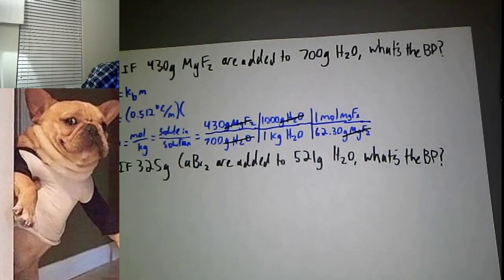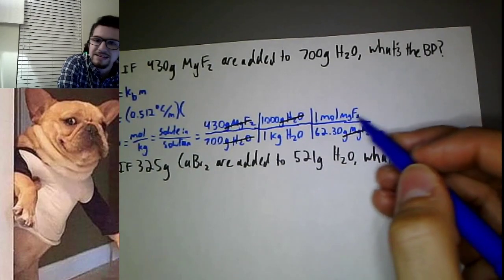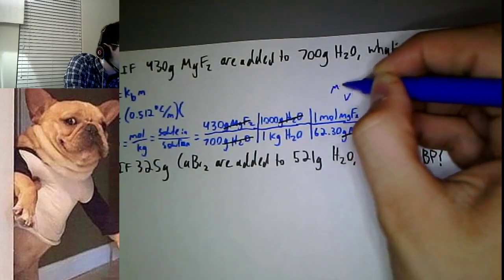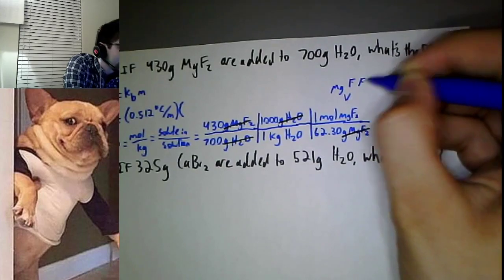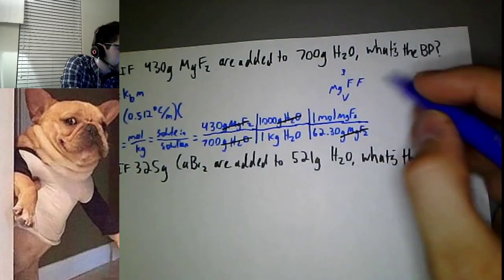But this is where we add in that janky last step. How many different pieces do I have? This magnesium and these fluorides are going to break apart into an Mg, an F, and an F. How many things do I have in total? 3.